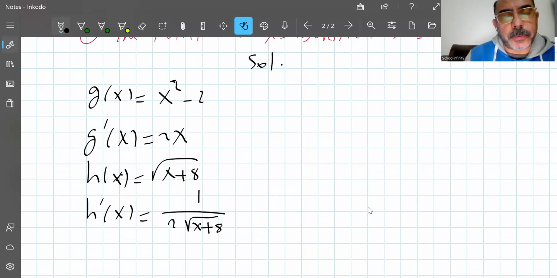As you know, the rule of derivative of the square root. Now we finish all the process of the derivative.